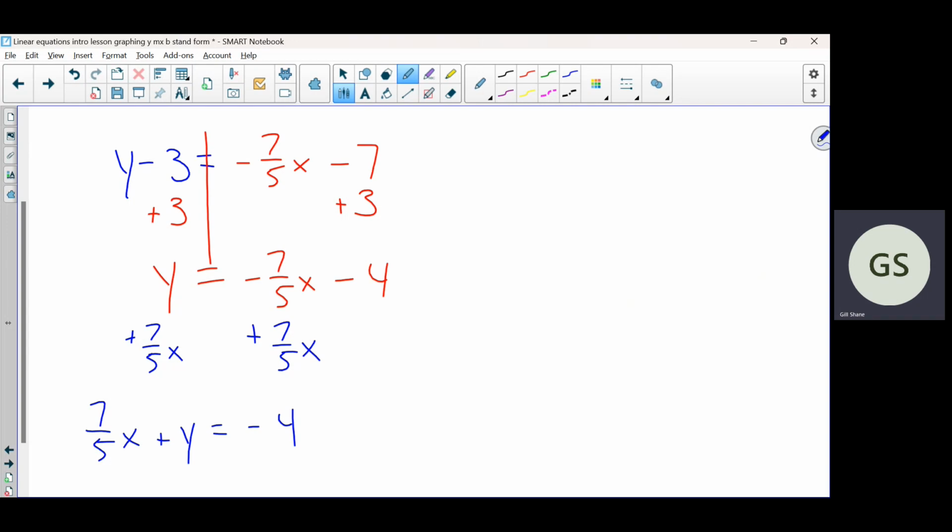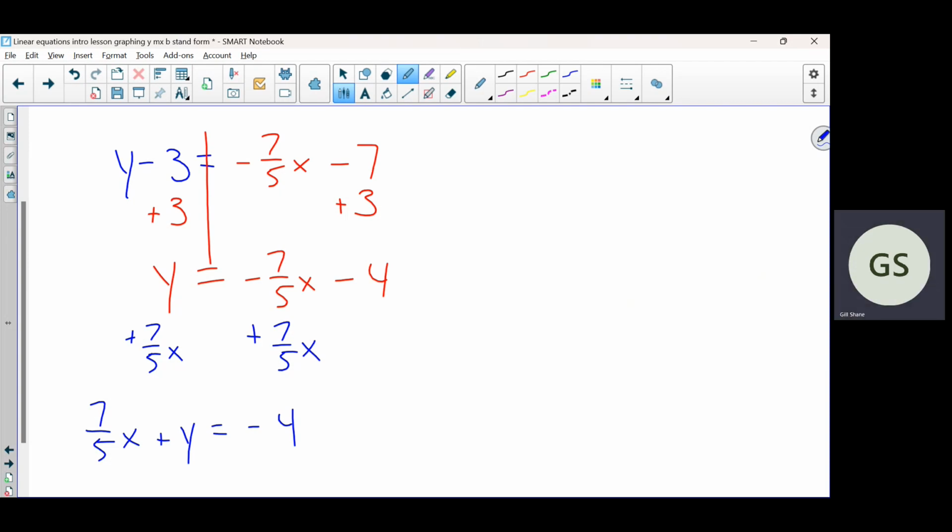This is the kind of thing that unfortunately I see on quizzes, and I have to mark it wrong. Y should be y. For some reason, I guess because there was a 7 in that, I just saw a 7 and wrote 7. I don't know. Who knows what goes on in the room?